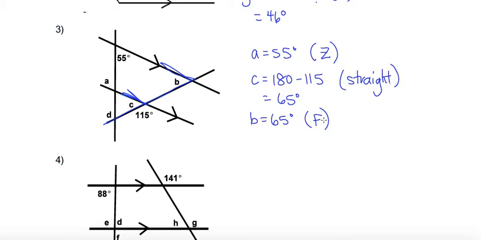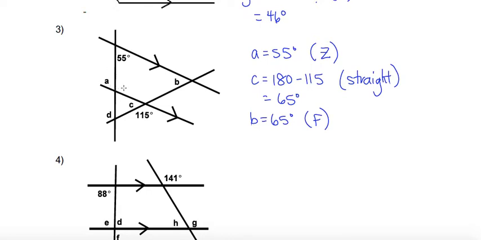And the last one that I want to try to find is D. And I can find D by looking at my parallel lines. So here's my D here. I need to be very careful when I'm finding D because I want to make sure that I'm using the properties that I know.